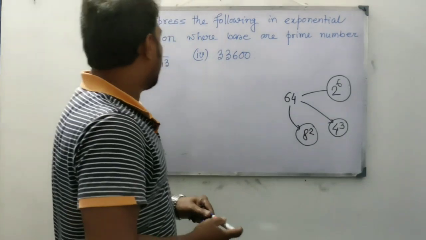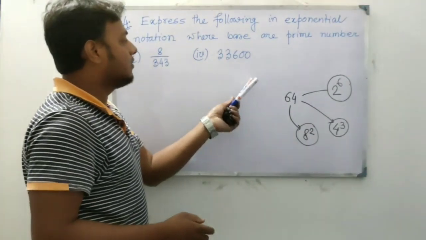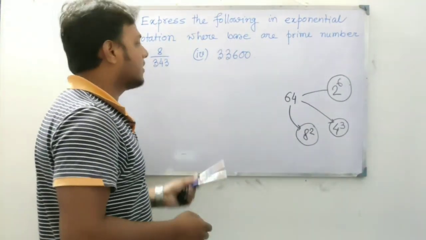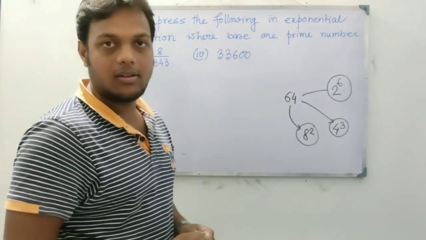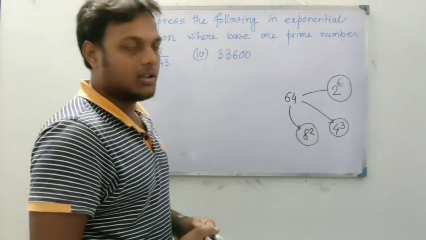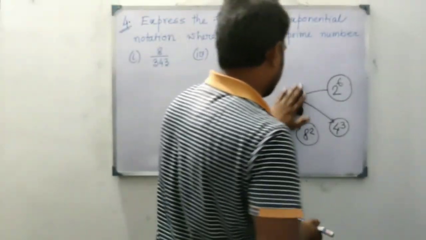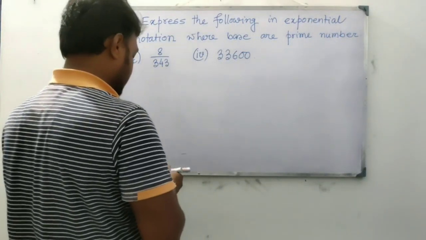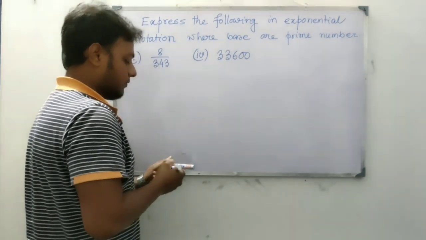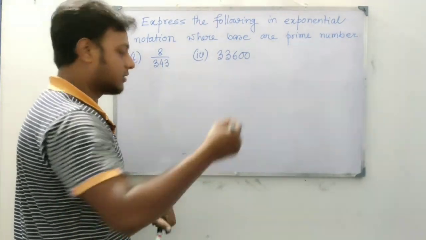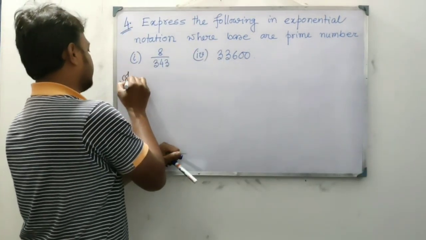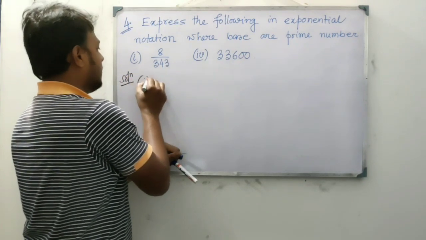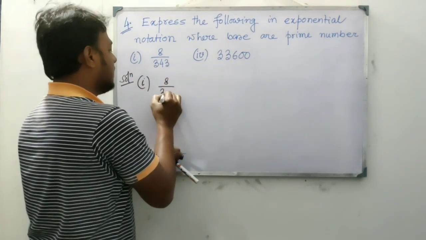Okay, so you have to express all these numbers in the form of exponents where the base should be prime. Okay, so how can we solve? We just have to consider the factorization process. Okay, solution of the first one. For the first one, here numerator and denominator are there.